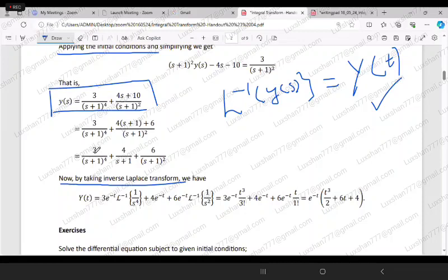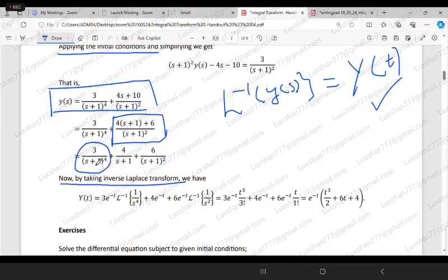So can anyone tell me what is the inverse Laplace transform of this one? Here you can write this using the partial fraction. So using the partial fraction, you can write this way: 4 over s plus 1, 6 over s square plus 1.